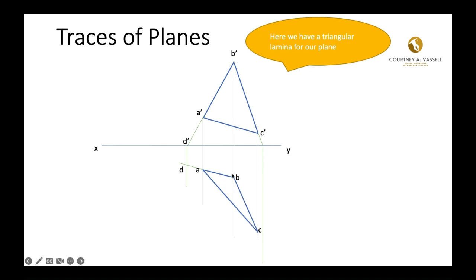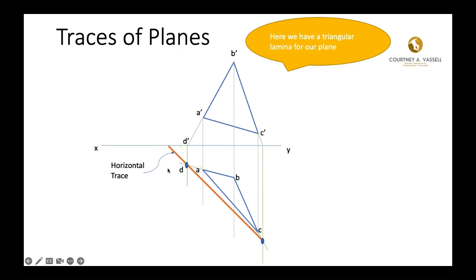Here's BC, and we're going to extend BC to cut this perpendicular line. So now that we have BC extended and cut this perpendicular line, we now have 2 points, 1 point here, 1 point there. These 2 points are what we're going to use now to plot the trace. So we connect through the points, and this now would be our horizontal trace. So this would be the horizontal trace.